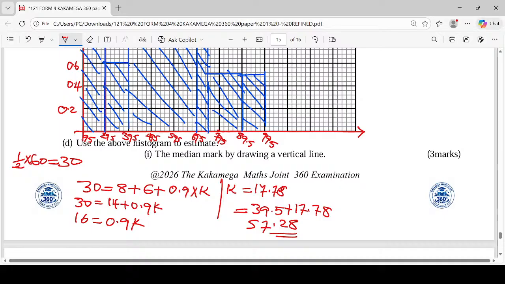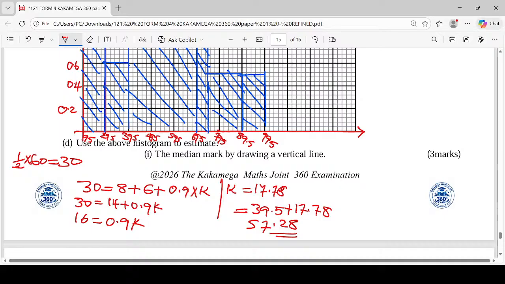After getting 57.28, you now need to look at where it is.